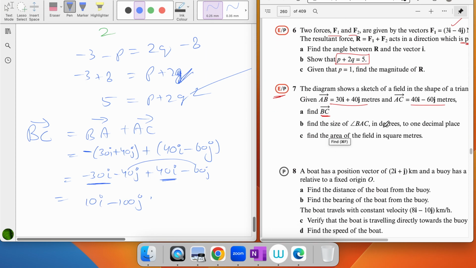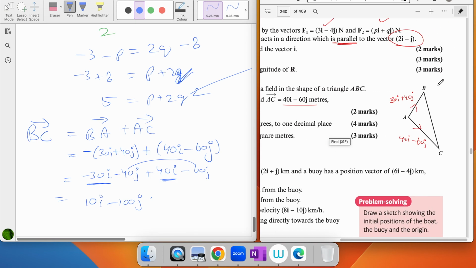The second part says find the size of BAC. We need to find this angle, and look at these marks, 4 marks.